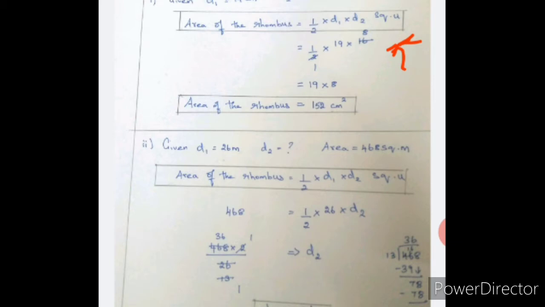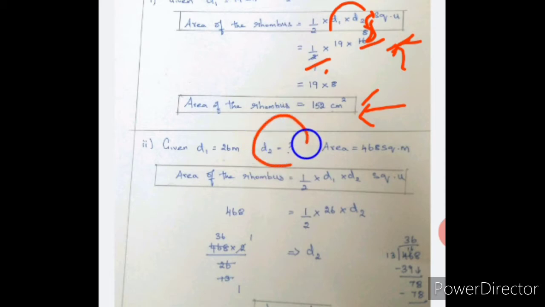Half into 19 into 16. Now simplify the sum. Cancel 2 ones are, and in the numerator part they have given 16. It will come in the 2 tables, 2 eights are 16. Now multiply 19 into 8, which gives you the answer as 152 centimeter square.